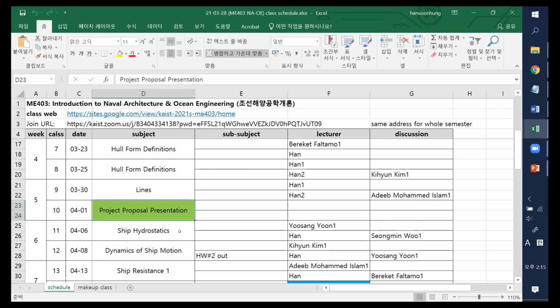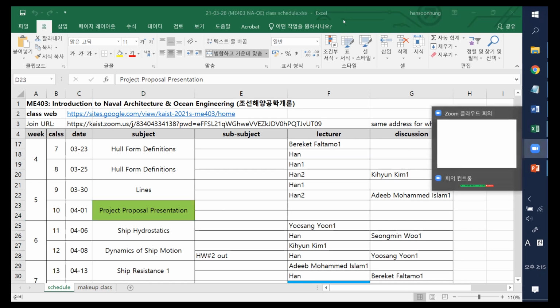And then we will have a discussion. The grading can be done by myself and Jihu, the TA. Two persons will grade. And also because the numbers are unbalanced, one team has 3 members and one team has 2 members, we will consider that difference to be more fair.